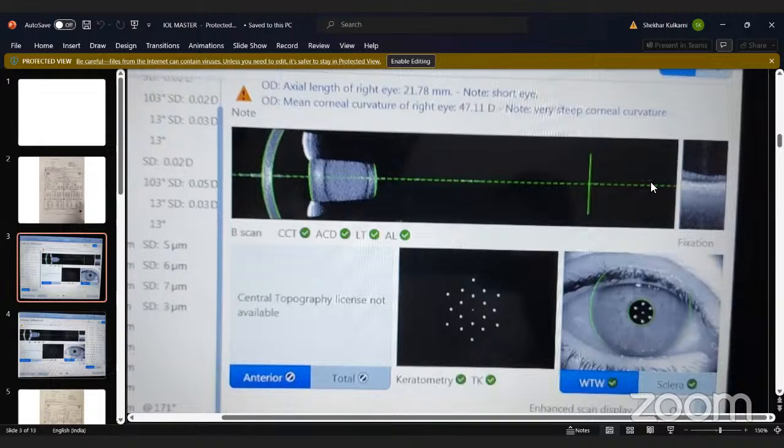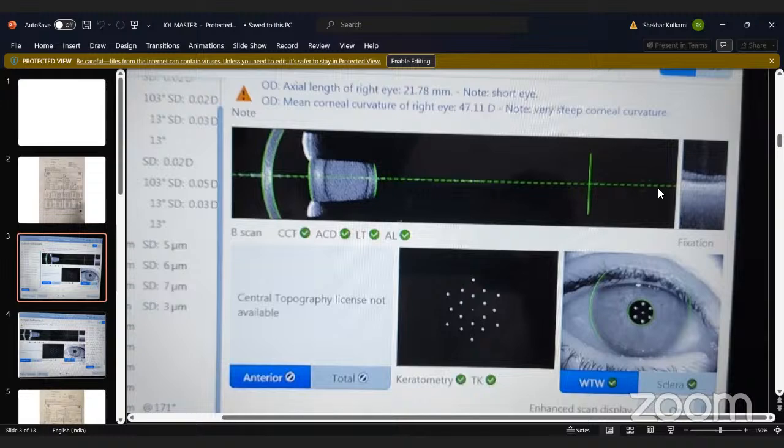In an optical biometer, the axial length is measured from the anterior surface of the cornea till the retinal pigment epithelium. It is not measured only till the foveal internal limiting membrane; it goes beyond that and measures the RPE pigment layer. In immersion, it measures only till the internal limiting membrane, as in contact biometry also.